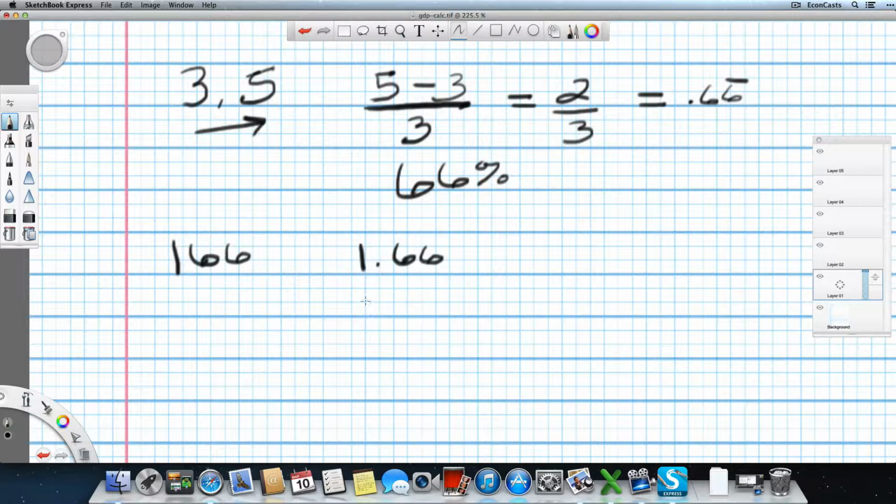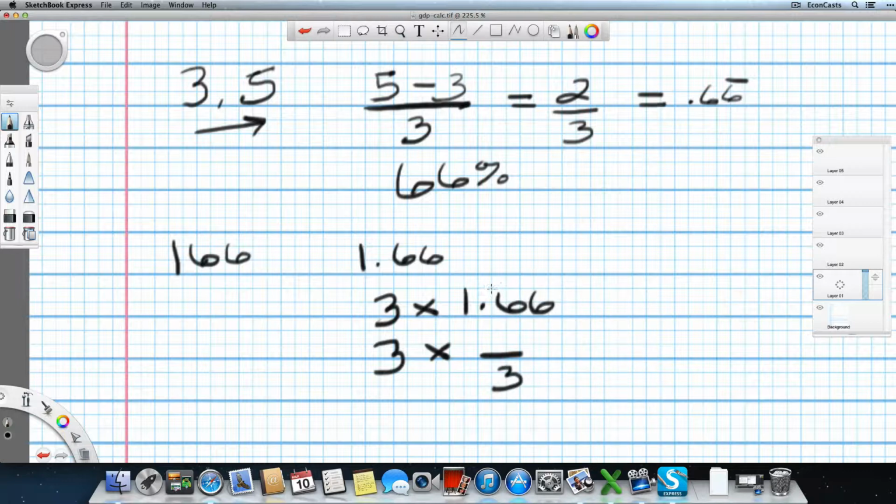Right? And what does that do? Well, if we multiply the base number, the beginning number, 3, by 1.66, what we should get out of it is 5. Okay, so what I'm going to do in order to show that is we're going to take 3 and we're going to multiply it by something over 3.